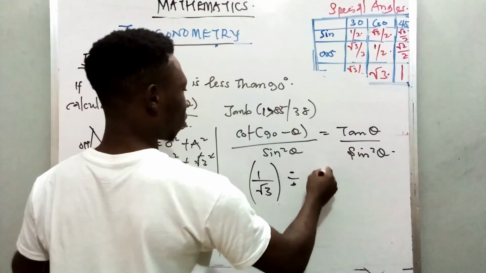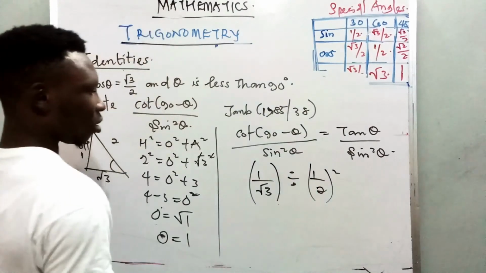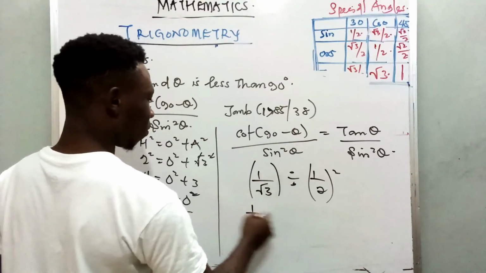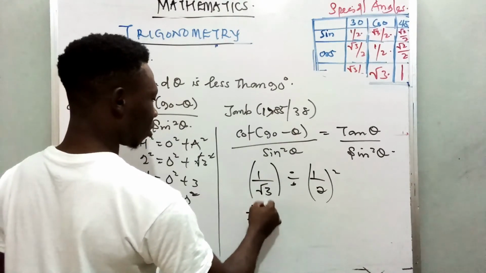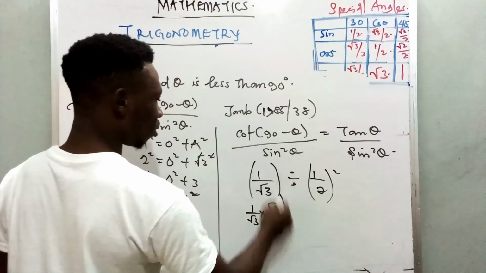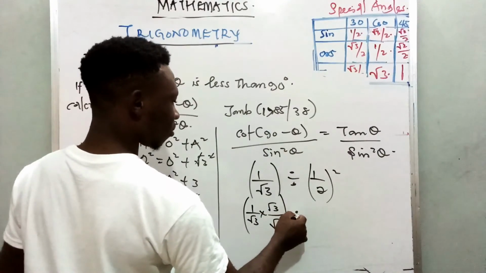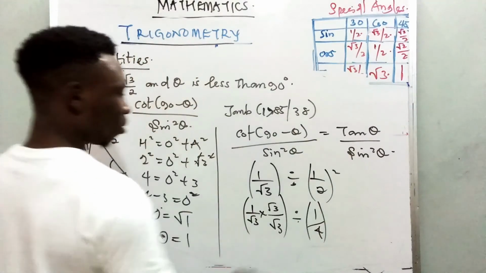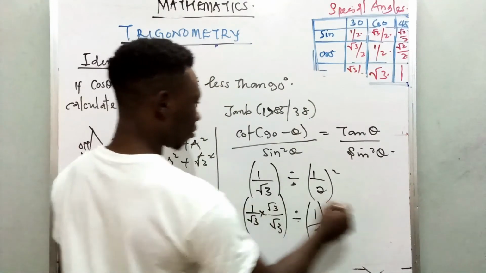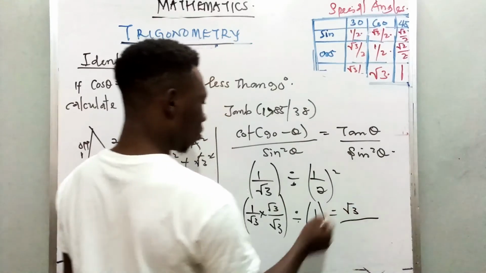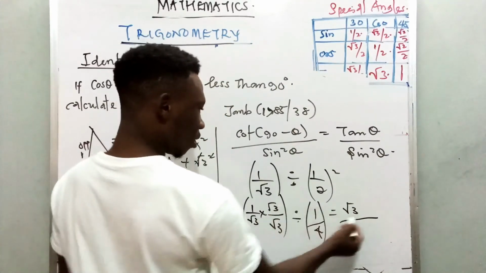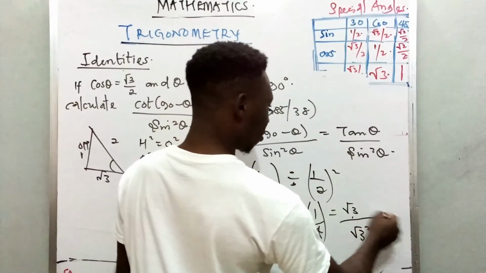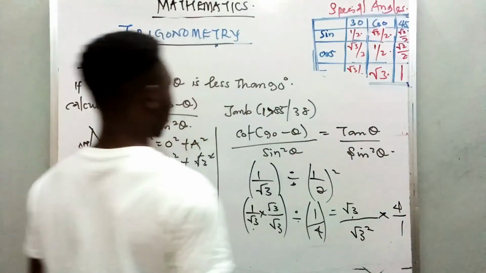So at this junction, I can rationalize this. This is now 1 over root 3 times root 3 over root 3, please put it in brackets, then divided by 1 over 4. So going further, this is now root 3 over 1 times root 3, that's root 3 squared, times 4 over 1.